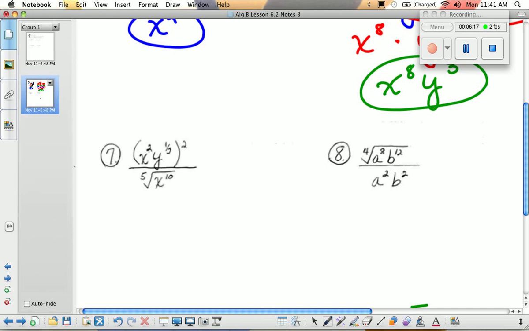So the first thing we're going to do is say, I need to simplify this numerator. We have a product, an x squared and a y to the 1/2. That product is being taken to the second power. So take them both to that power, right? So x squared has to be squared, and y to the 1/2 has to be squared.